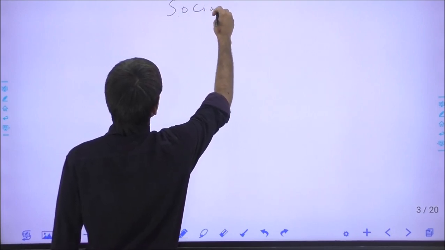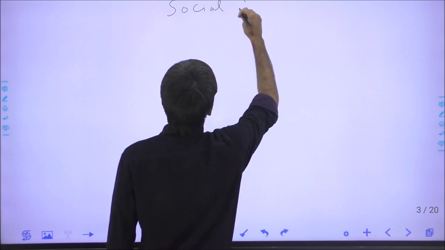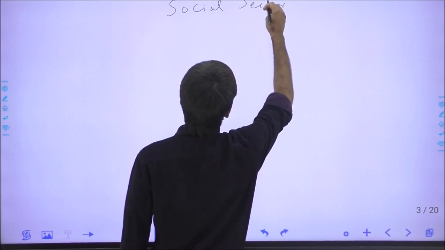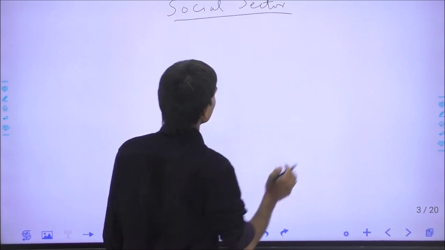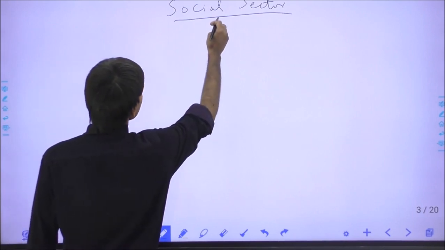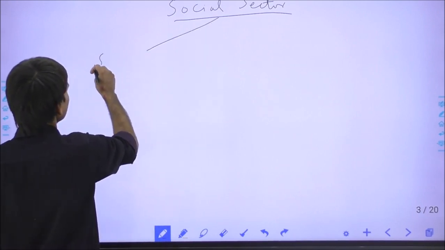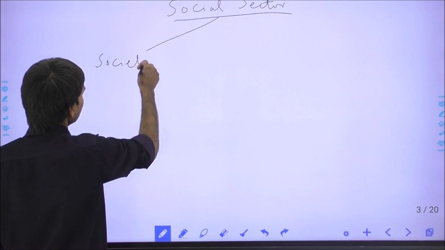This is the second part in paper 1, the social sector. Some topics have been included from this sector. Mainly there are 4 topics: Indian society and the diversity of India.